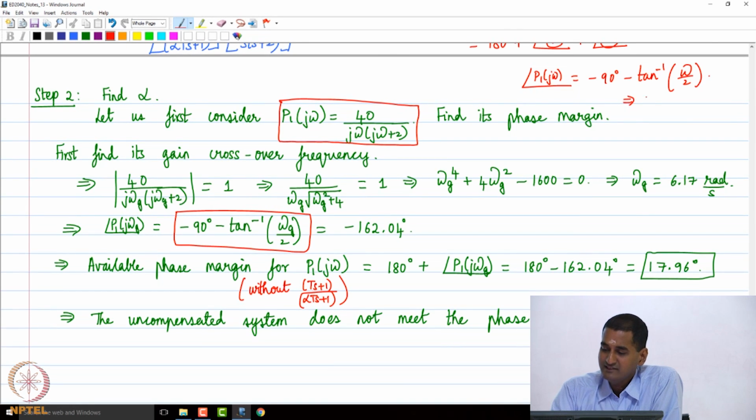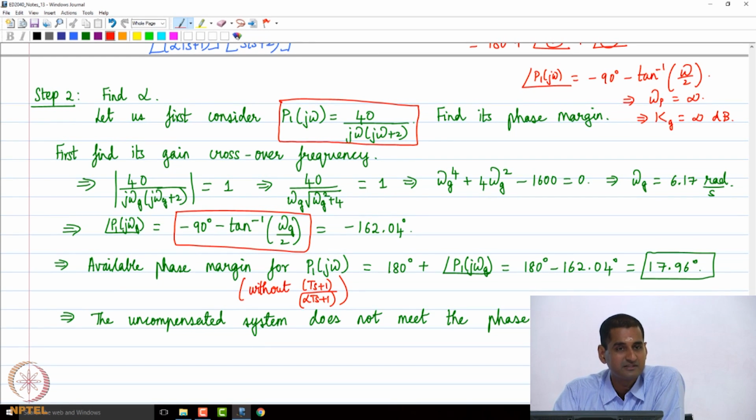So, this implies that the phase crossover frequency is infinity, because that is going to become minus 180 only at infinity. So, the gain margin of the uncompensated system is going to be infinity decibels.